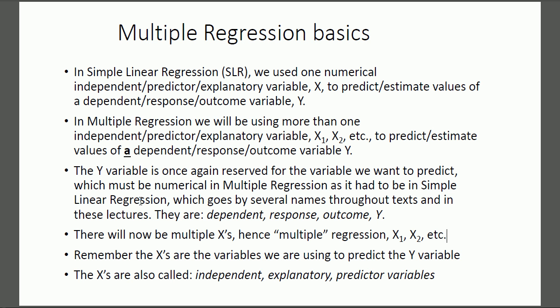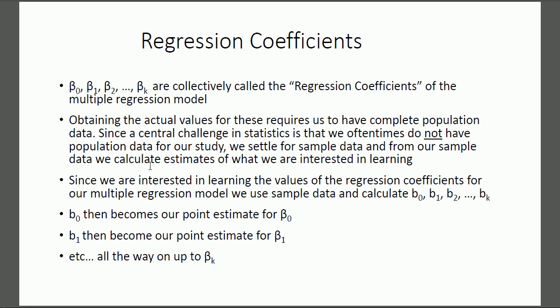So in simple linear regression, the regression coefficients were all those betas that we were just looking at, right? Collectively, they're called the regression coefficients of the multiple regression model, but obtaining their values requires us to have complete population data. Since one of the central challenges in statistics is that we often don't have population data, we need to collect sample data, and then from the sample data, estimate what we're interested in learning about.